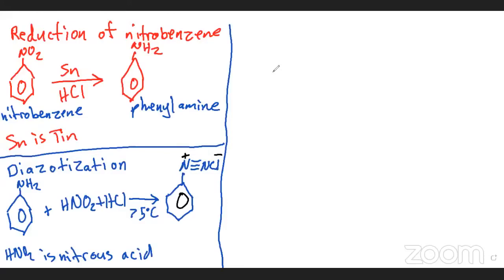For the nitration of benzene and for this diazotization reaction, you must remember the temperature as well. Not -5. It must just be below.